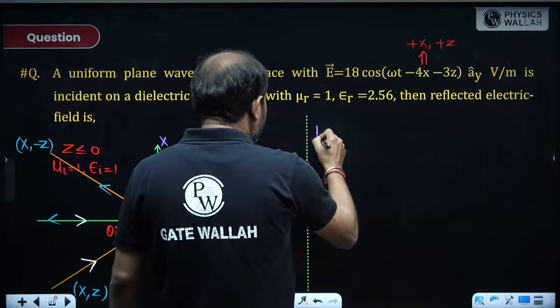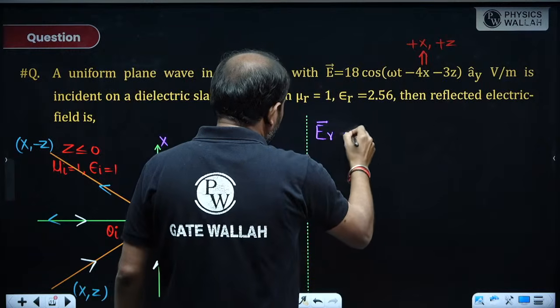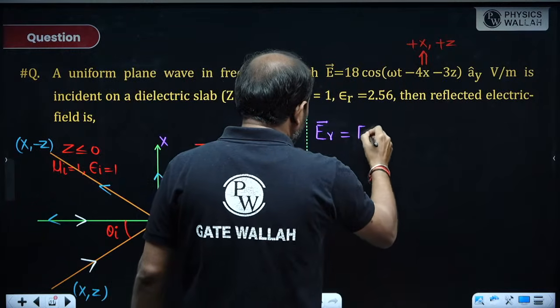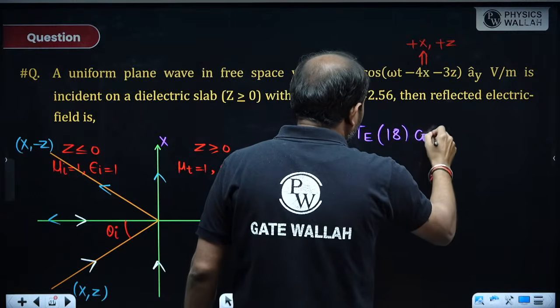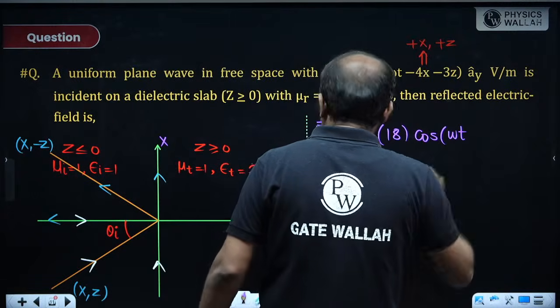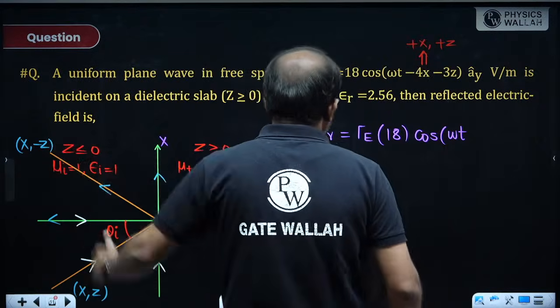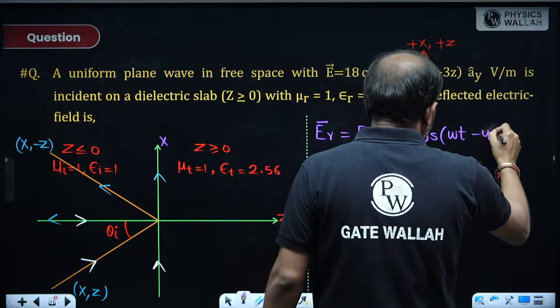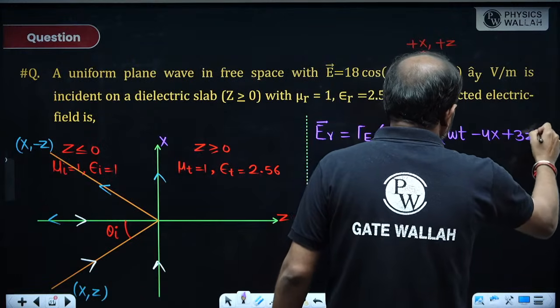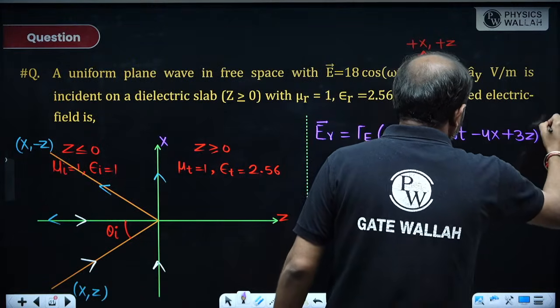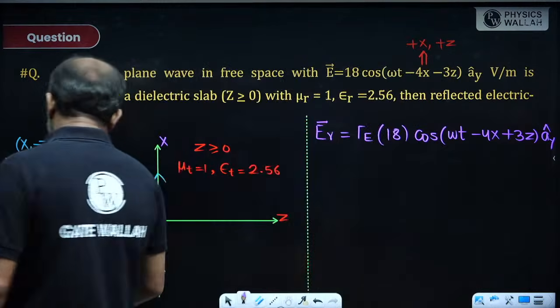So the electric field is ER equals gamma E times 18 cos omega t. Which one is changing? Plus X and minus Z. So minus 4X and plus 3Z in the a_y direction. So minus 4X plus 3Z.